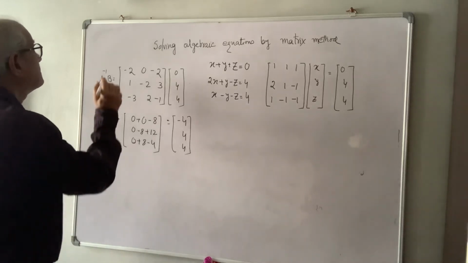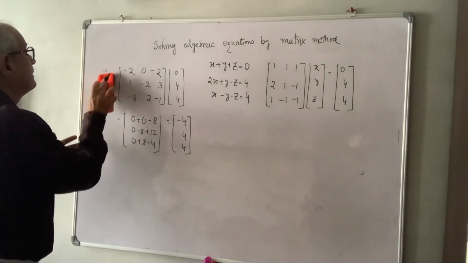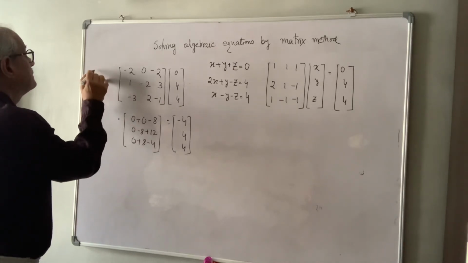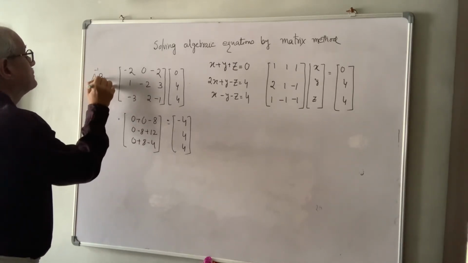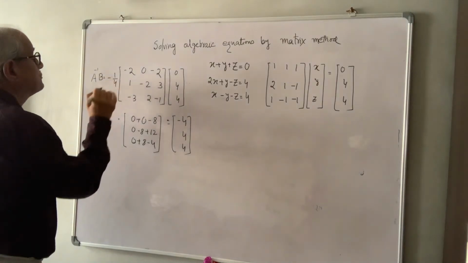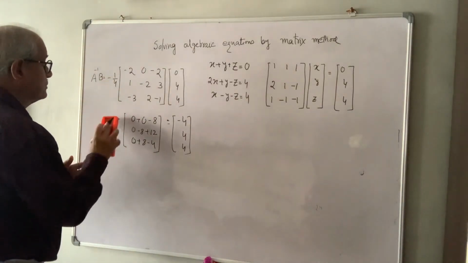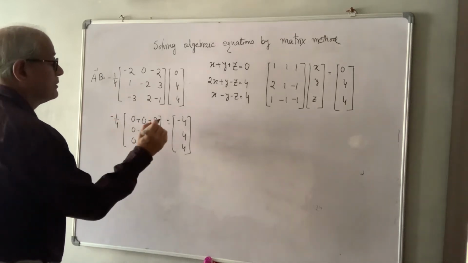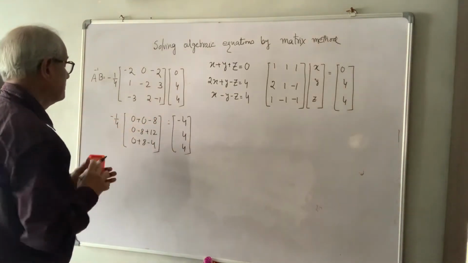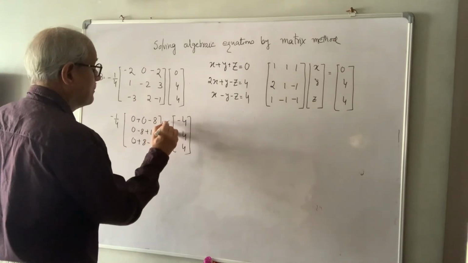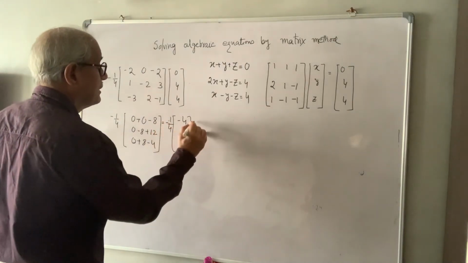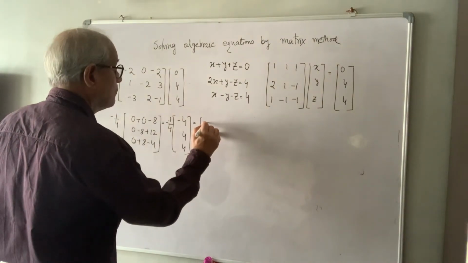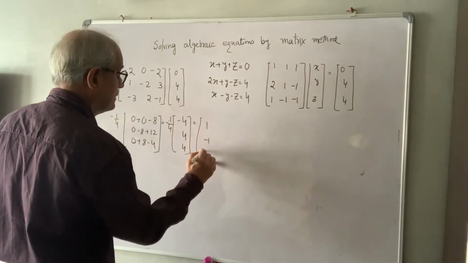And for A inverse, we have to divide it by minus 1 by 4. That is A inverse B is equal to, we have to divide it by minus 1 by 4. So this is also to be divided by minus 1 by 4. And this is also to be divided by minus 1 by 4. And ultimately we get 1, minus 1, minus 1.